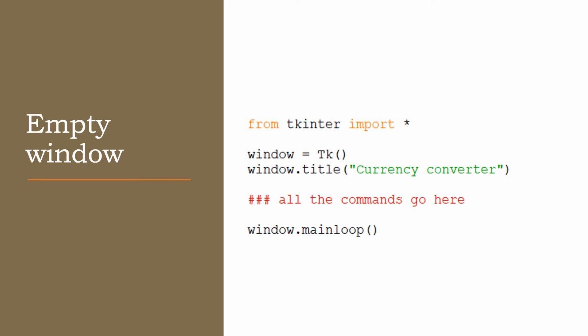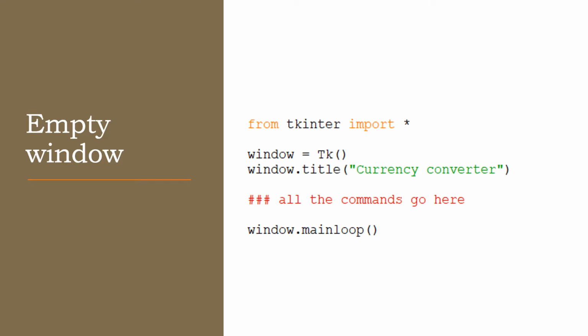So we're going to give it the title currency converter, and it has one further method, which is mainloop. Mainloop makes the window refresh on the screen constantly while your program is running. That means that has to be the last command of your program, window.mainloop.